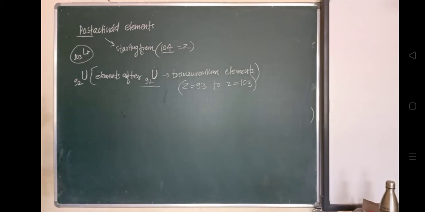If you have a periodic table, you can observe it: post-actinoid elements come after lawrencium, whose atomic number is 103.